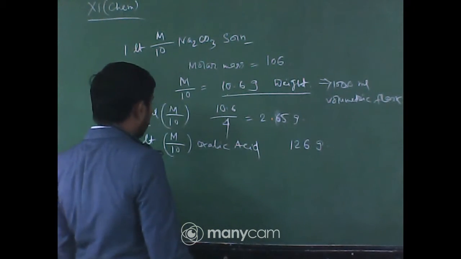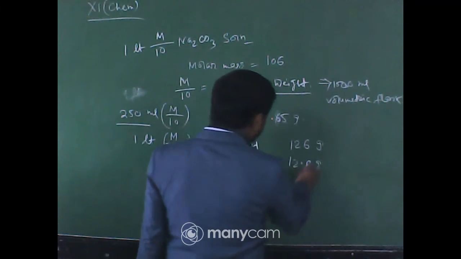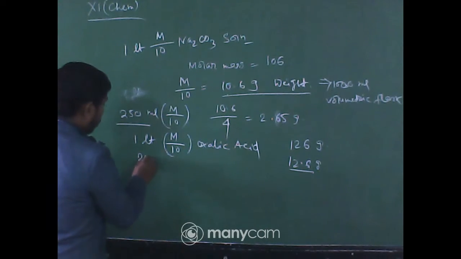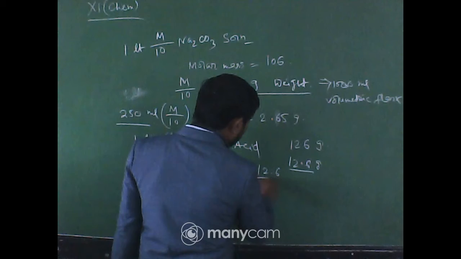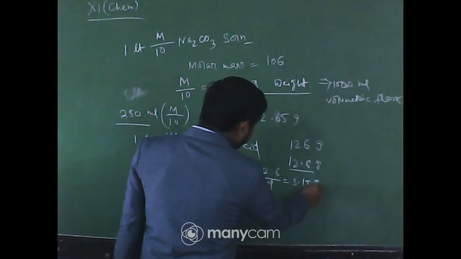Now M/10, so this is 12.6 gram. If we want to prepare 250 ml, then 12.6 divided by 4 is 3.15 gram.